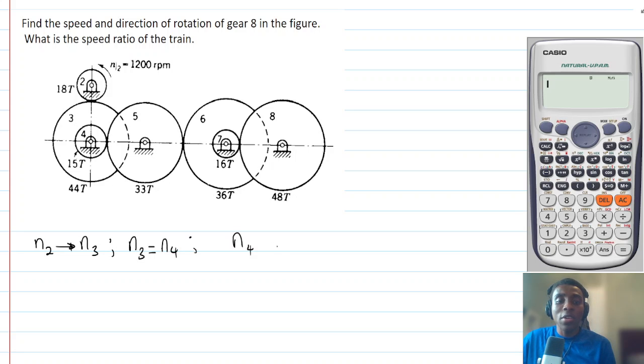Gear 4 is meshing with gear 5, and gear 5 is meshing with gear 6, and then gear 6 is the same as gear 7 in terms of speed because they are on the same shaft. And then finally gear 7 is meshing with gear 8. So this is actually what is going on. If you are able to do this, then it means you've been able to solve the problem.